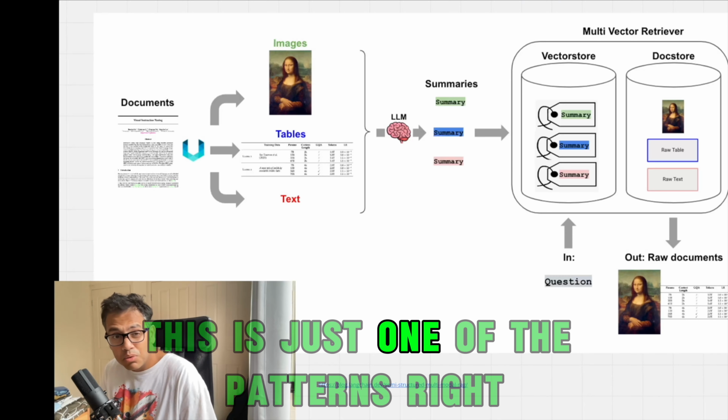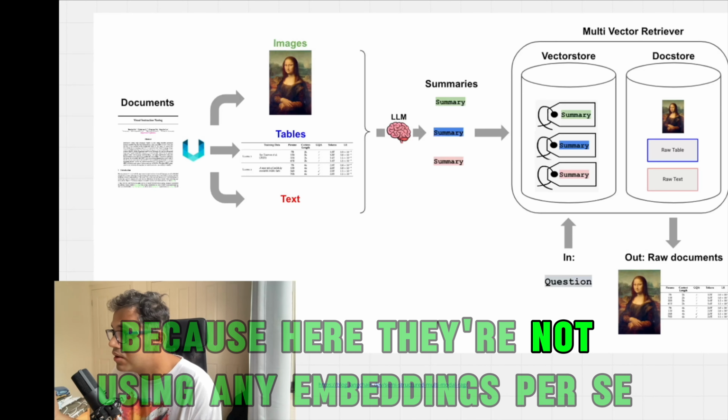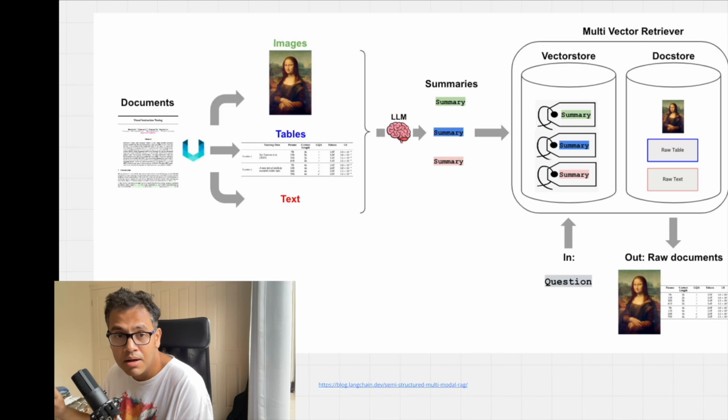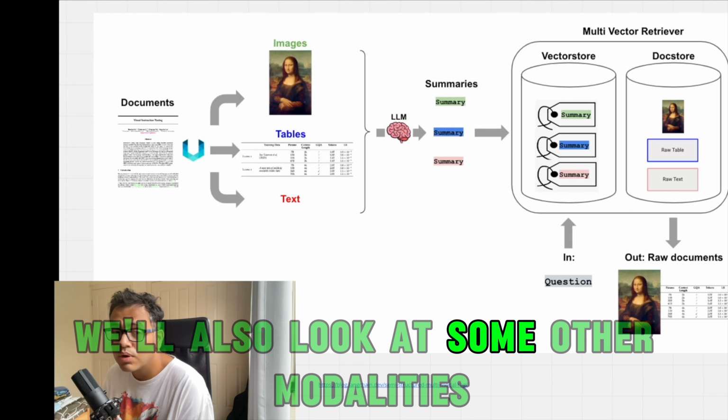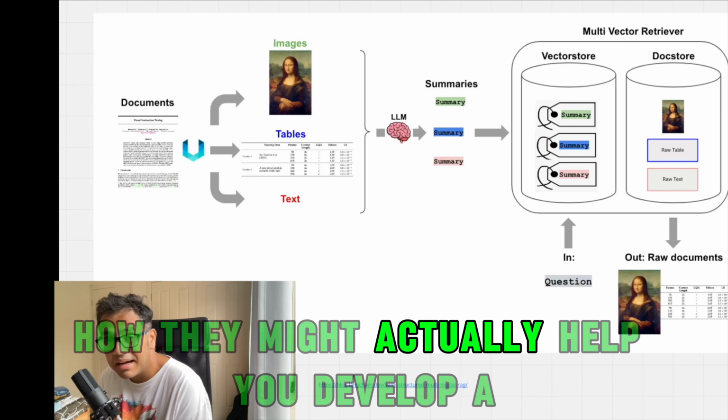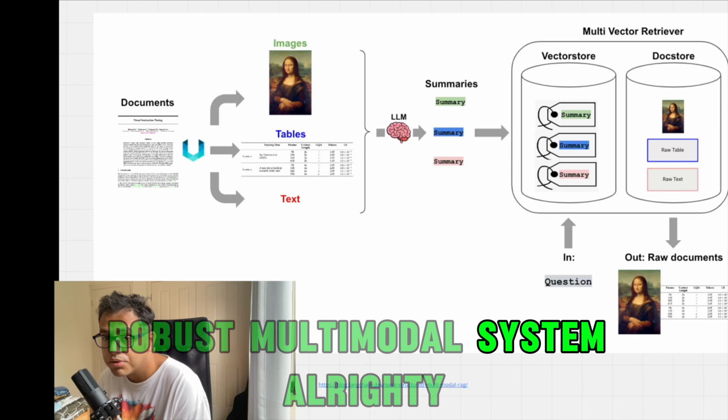So, this is just one of the patterns, because here they're not using any embeddings per se, they're just using a large language model to summarize the different information modalities. We'll also look at some other patterns which have become really popular, and how they might help you develop a robust multimodal system.